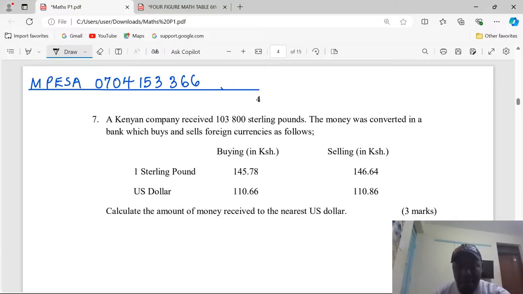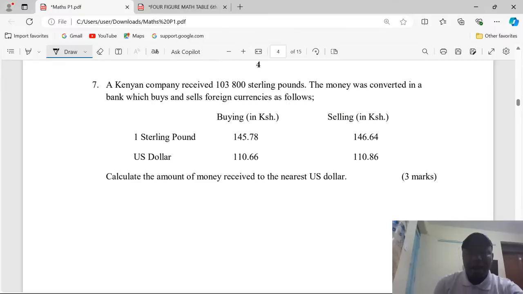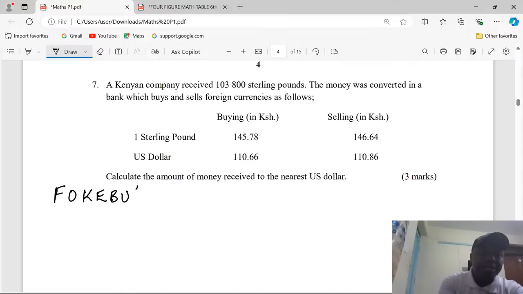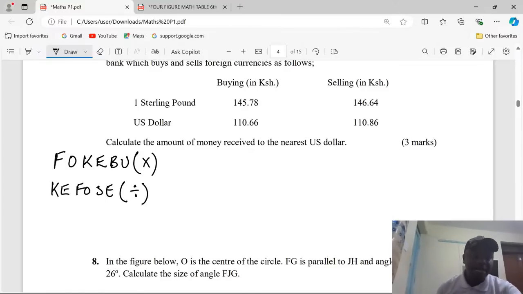From foreign currency to Kenyan currency, we use the buying column and we multiply. From Kenyan currency to foreign currency, we use the selling column, and in this case, we divide.